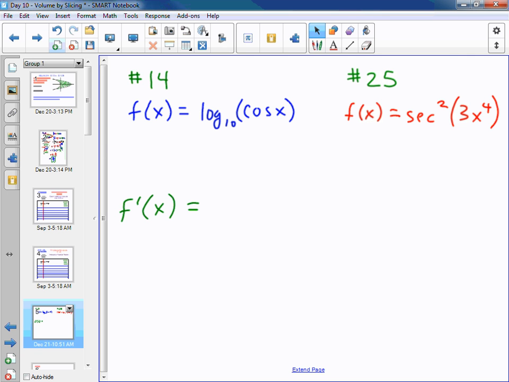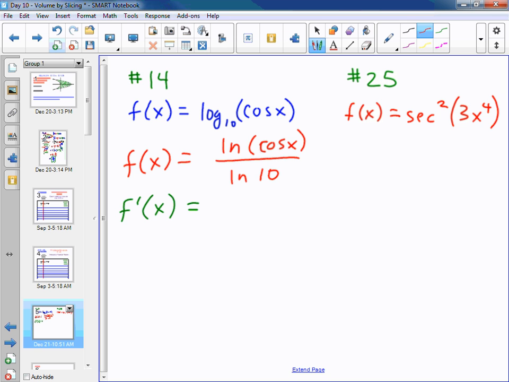So a quick rewrite using my logarithmic properties and change of base would be to rewrite the same exact function in blue in red using natural logs. This would be the natural log of cosine of x over the natural log of 10. This is just the change of base formula that allows me to rewrite that with a different base.